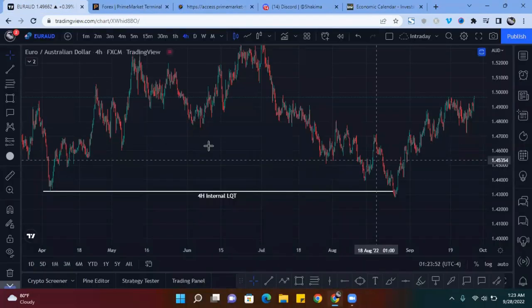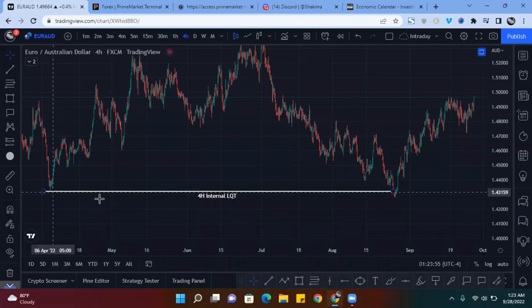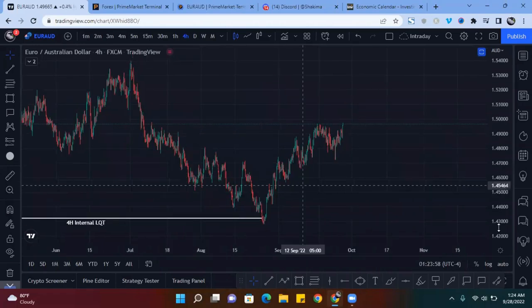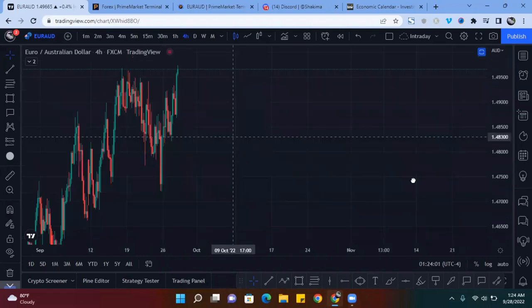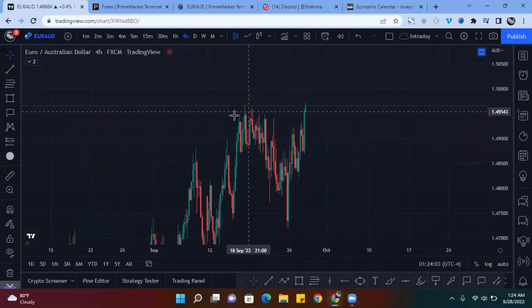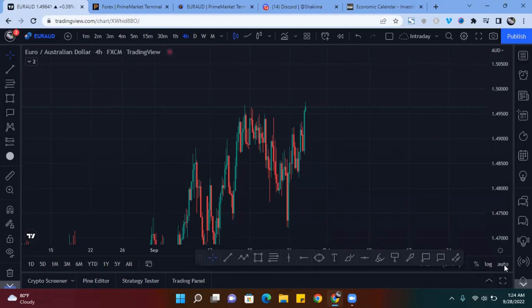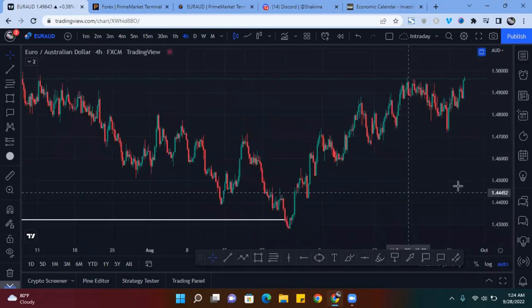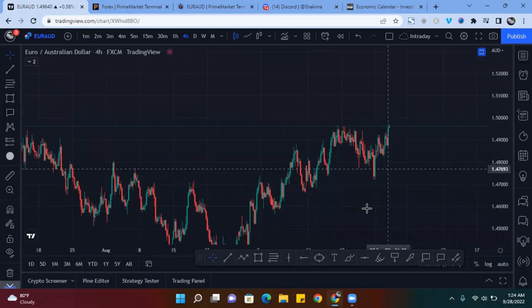So they recently took major 4-hour internal liquidity. And after that, they immediately posted a strong high, which would be this wick right here. I normally mark that off as well. So the first thing I'm looking for, when I'm selling at least, is a major internal liquidity take and then a strong high to be posted.